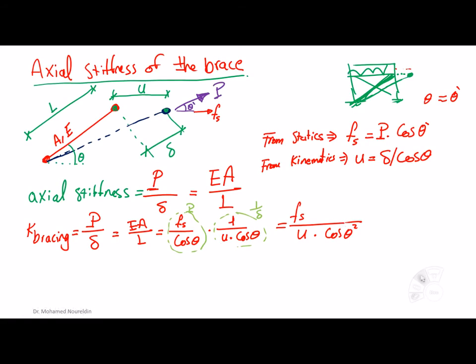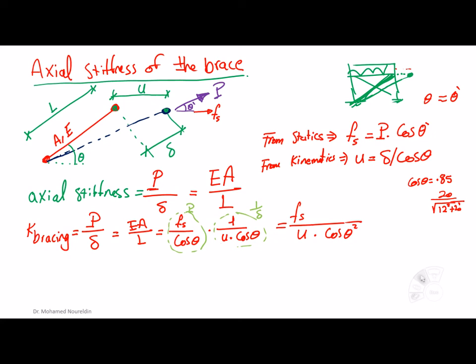So from the geometry you can find that cosine theta equals 0.85. You can find that it equals almost 20 over the square root of 12 squared plus 20 squared. Cosine theta is known for us.